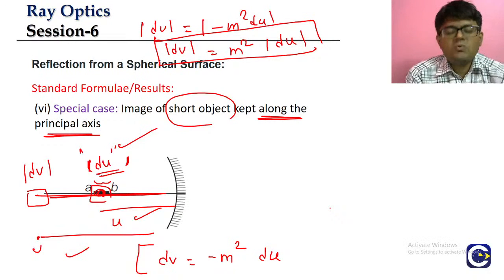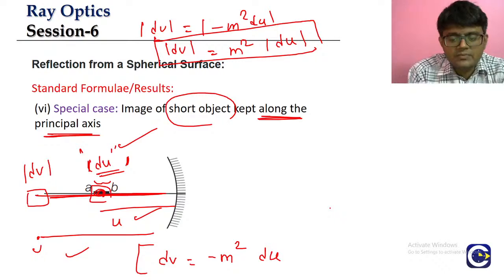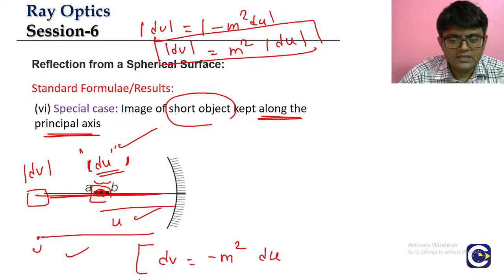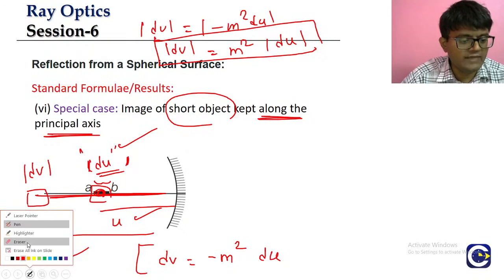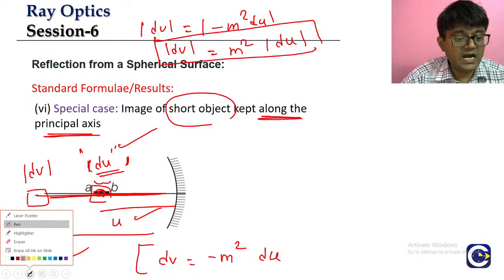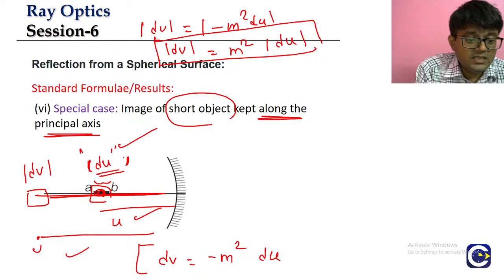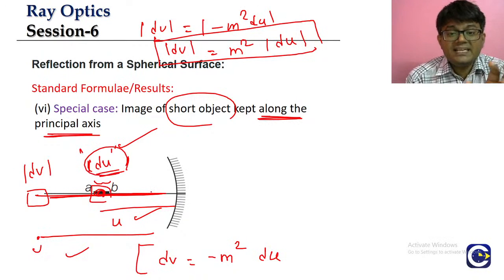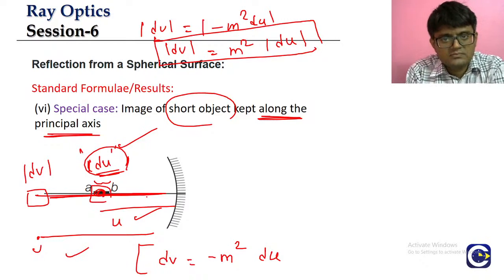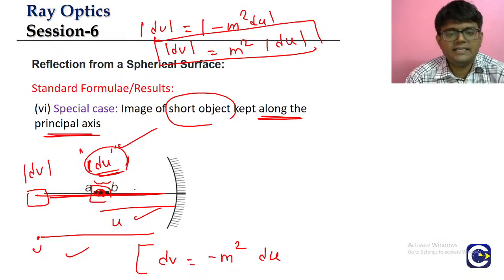But these kinds of questions will be valid if the distances you are measuring from the mirror, all these u and v values, are in terms of meters, and our object length is in terms of some millimeters. It is very small. When you compare meters and millimeters, it is very, very small. But nevertheless, it can never be exactly du. That is why I said it is an extreme approximation.